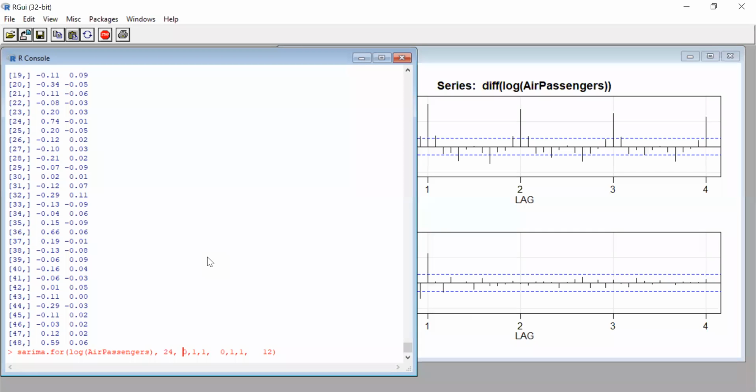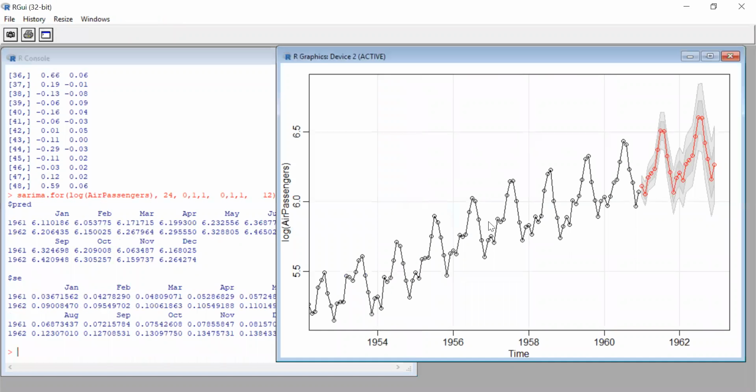You have to plug in how many futures here for forecasting. 24 means it forecasts two more years in the future. So with the seasonal ARIMA model, it is a very good one, and it gives us very beautiful forecasting pictures.